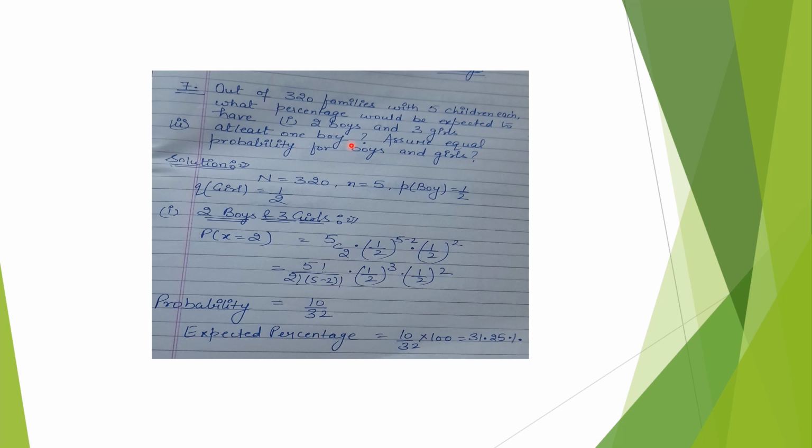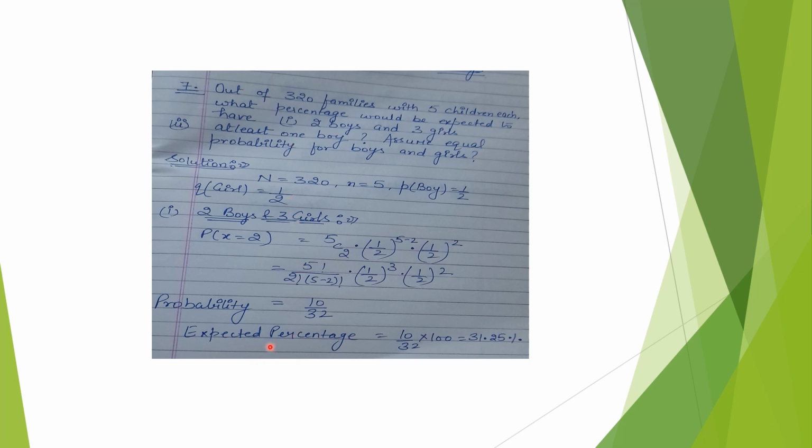But you have already read that they are asking for what percentage would be expected to have. They are not simply asking for the probability of having 2 boys and 3 girls. They are asking for the percentage which we would expect to have in a family of 5.